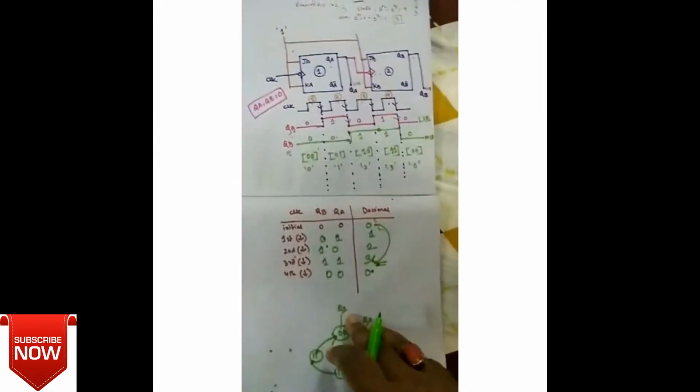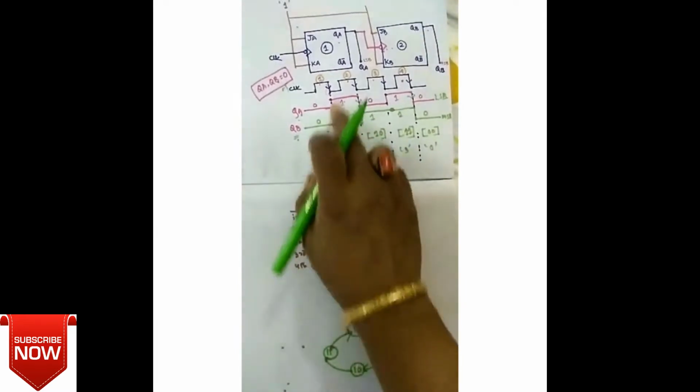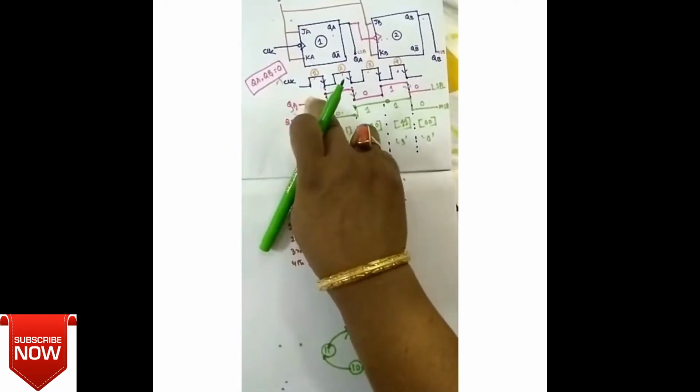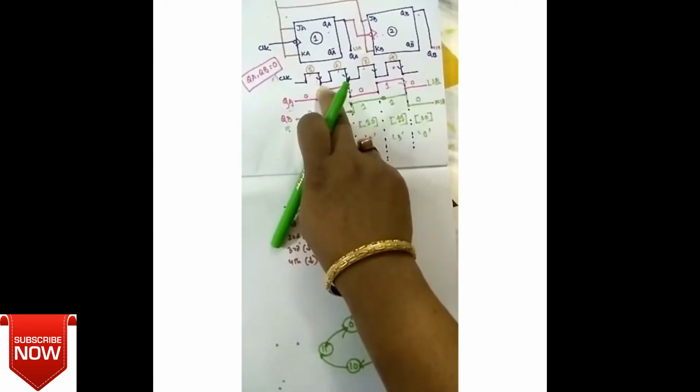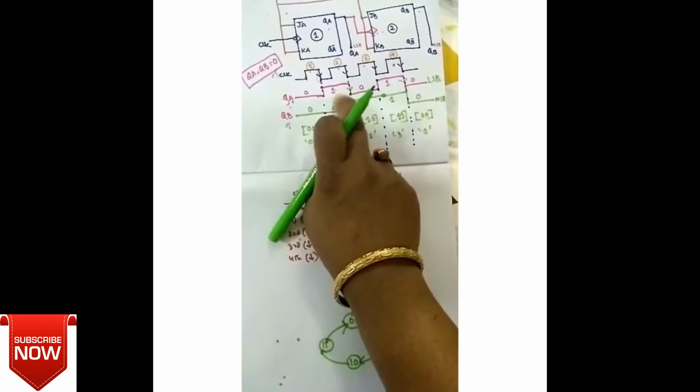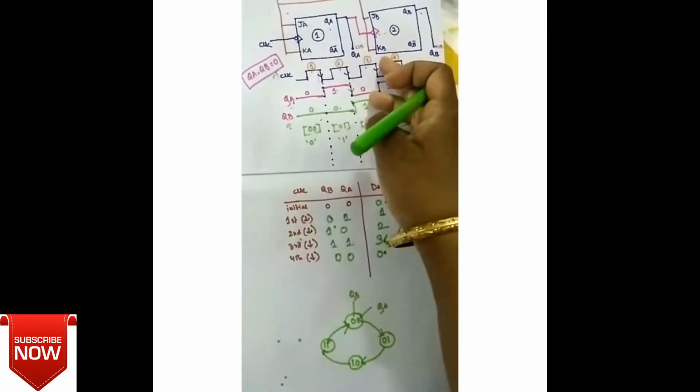If you want to make this a 2-bit asynchronous down counter, then everything will be the same, only the initial state will be 1. If the initial state is 1, then this waveform will just be reversed. After the next clock pulse it goes to 0, then 0 continues, then 1, just the reverse operation of this.